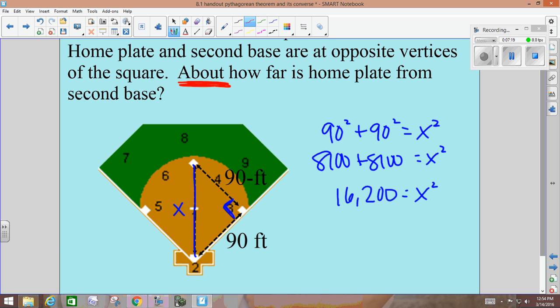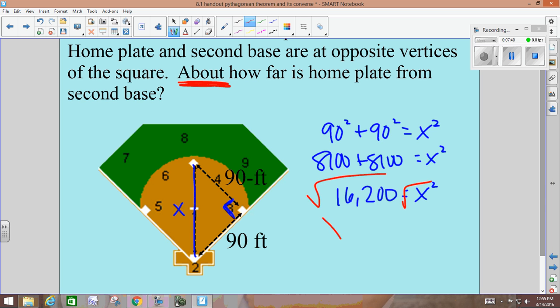About how far apart are they? In math, what does about mean? Estimated, approximated. You don't have to break down 16,200. You can just throw in your calculator, square root of 16,200, and approximate that value. Good.